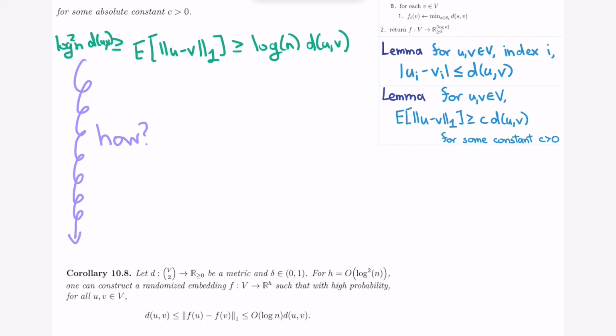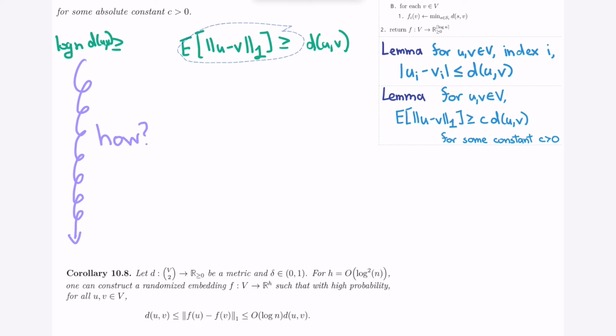So if I just repeated log n times and added them up, this is what I would get. First, we're off by a log n factor. So maybe instead of piling them on, I can average them. So I'll scale everything down by a log n factor. Okay, so we can scale down, and at least now we're at the right scale.